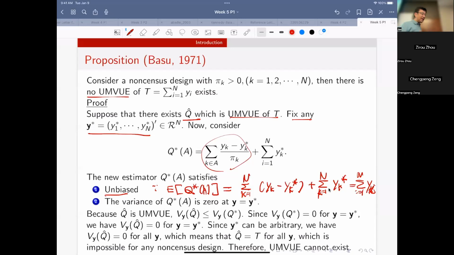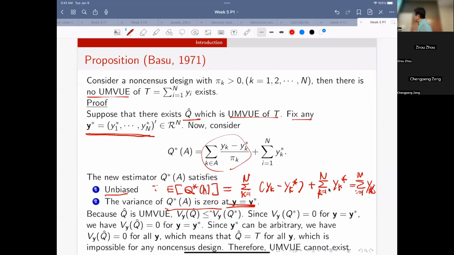If the finite population happens to be exactly equal to this number, then if you plug in, your estimator for this particular value of the population is equal to this guy. So that means it actually has zero variance.